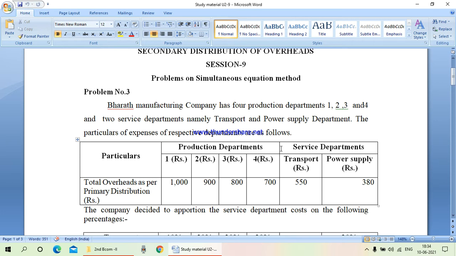Here, a primary distribution table has been prepared and we are given the total overheads: production department 1, 1000; production department 2, 900; production department 3, 800; production department 4, 700; then service department transport, 550, and power supply, 380.